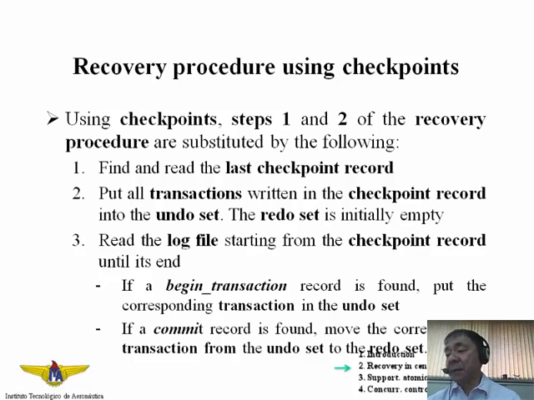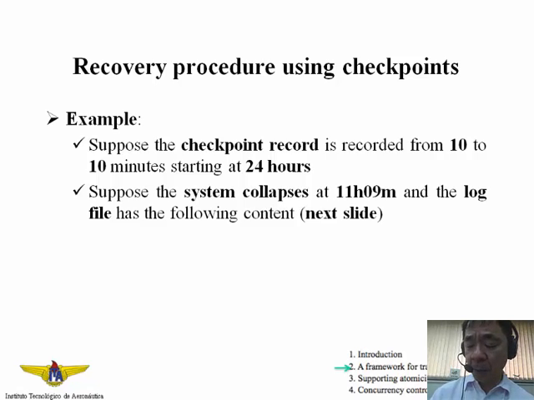If a commit record is found, you have to move the transaction from the undo set to the redo set. The transaction is already committed, but you're not sure if all the updates were made in the database. So that's why you have to redo those operations.